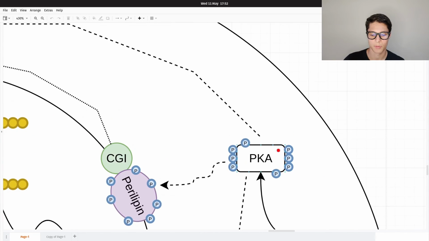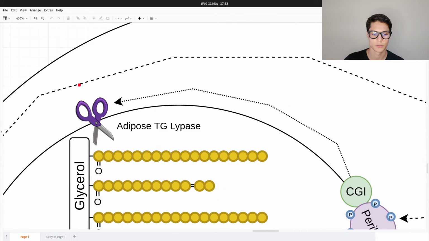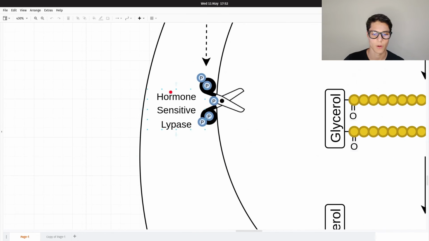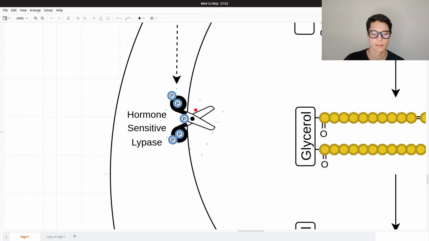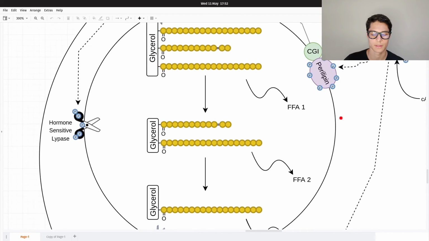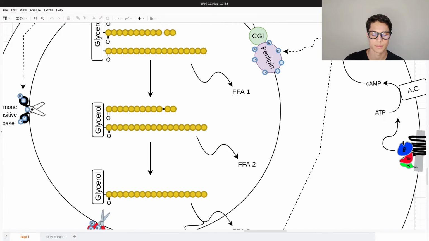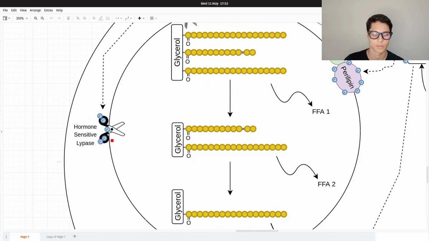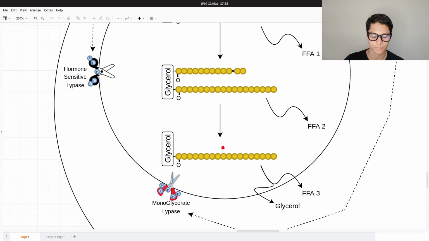Then protein kinase A is going to phosphorylate the hormone sensitive lipase. It is hormone sensitive because it is triggered by the hormone binding, which indeed activates protein kinase A. This lipase is going to cut another free fatty acid off the glycerol, and we are left with a monoglyceride here.